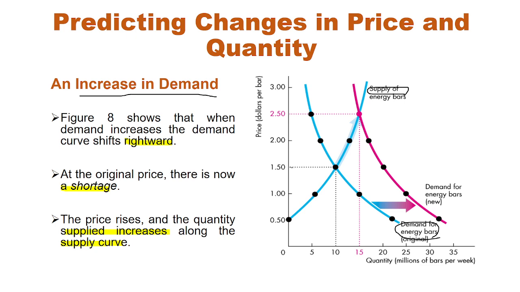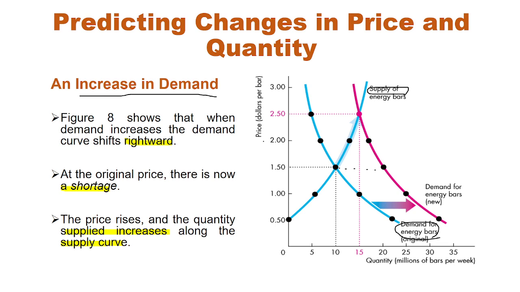At the original equilibrium price, here $1.50, we have a shortage, because the amount of demand is more than the amount of supply.